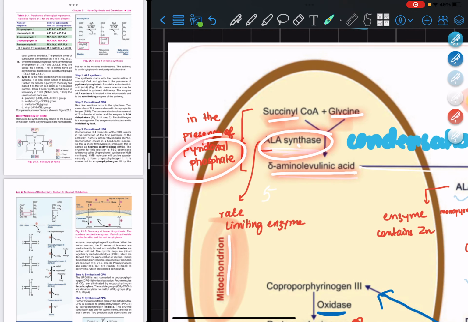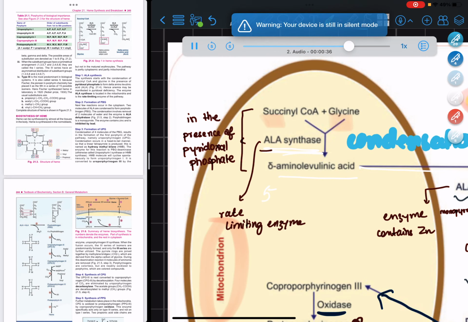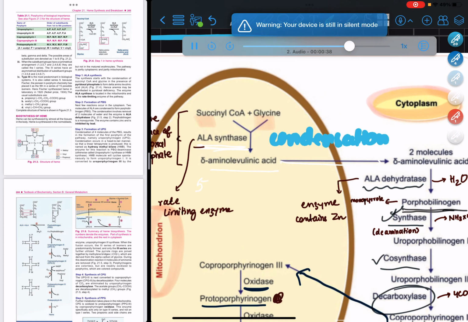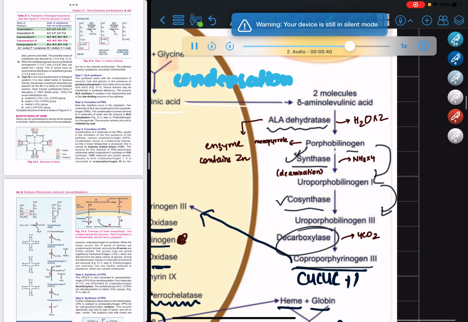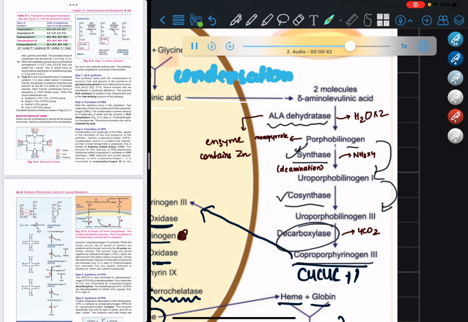This is present in the mitochondria and it's a rate limiting enzyme, which is also an important point. Now, two molecules of ALA form porphobilinogen in the presence of ALA dehydratase, which is the second enzyme that works here.